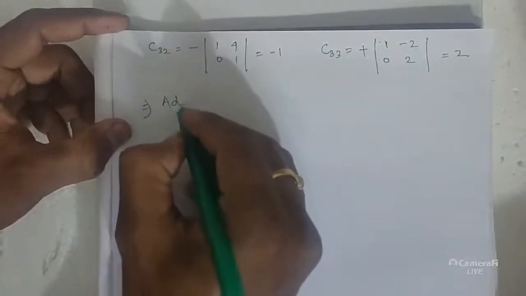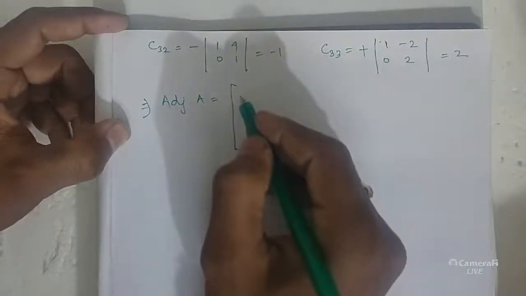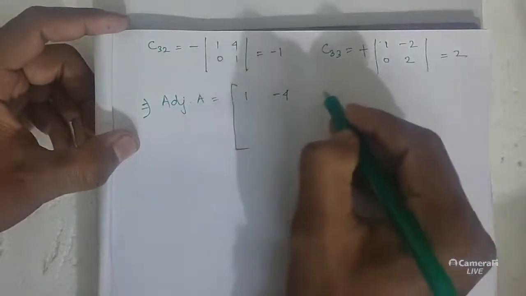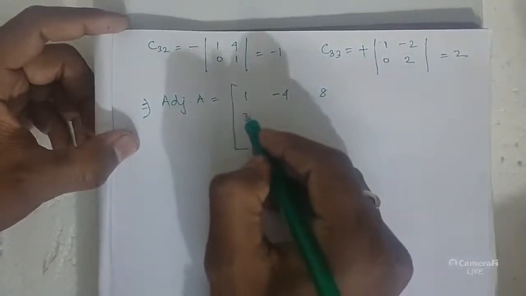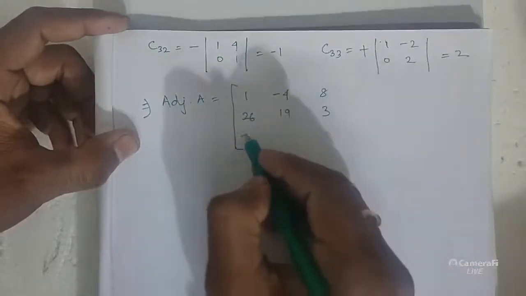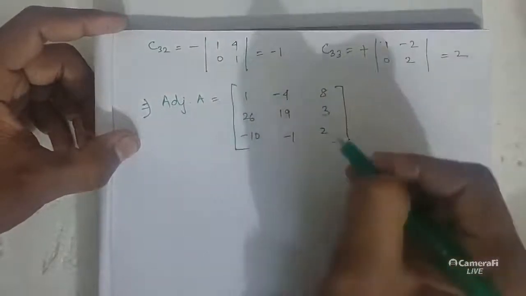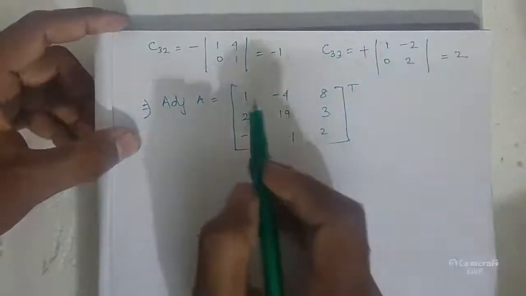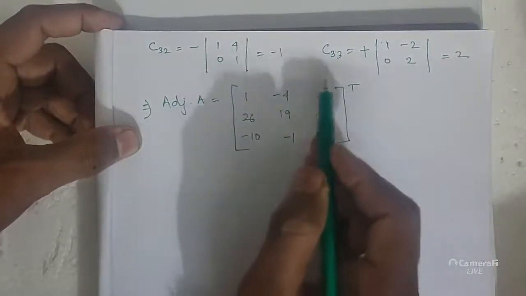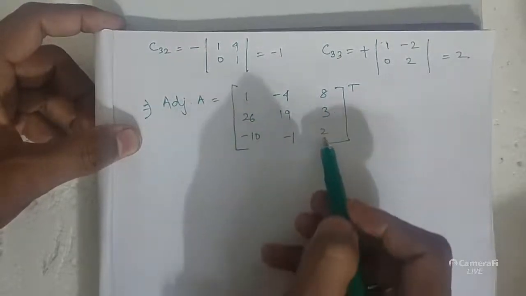So what will be adjoint A? Adjoint A is equal to, we have to write down the cofactors in their actual places, and then we have to take the transpose. Actual places means this is the place for the 1 1 element, 1 2 element, 1 3 element, 2 1, 2 2, 2 3, 3 1, 3 2, 3 3.